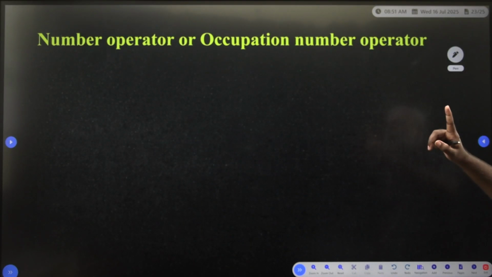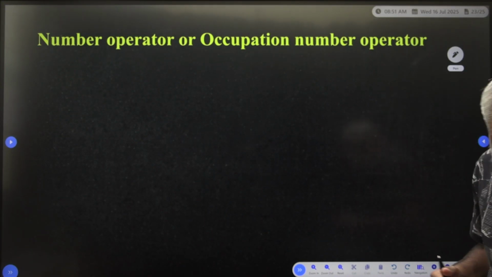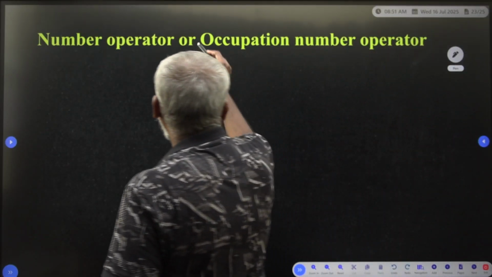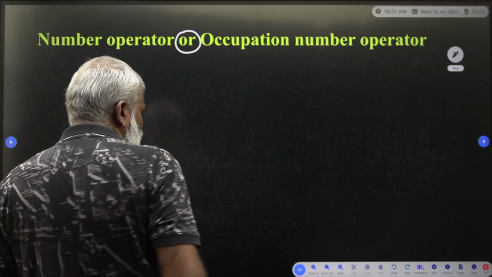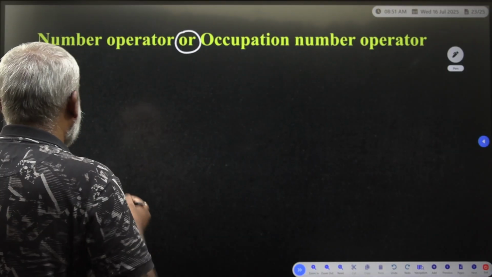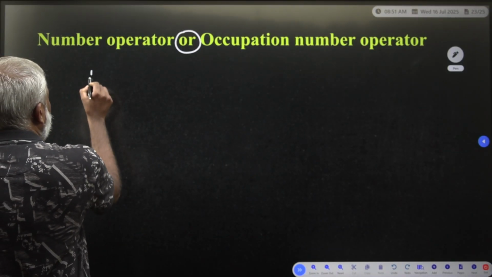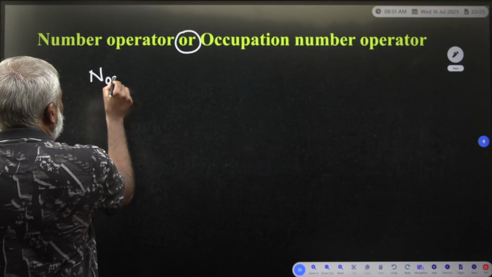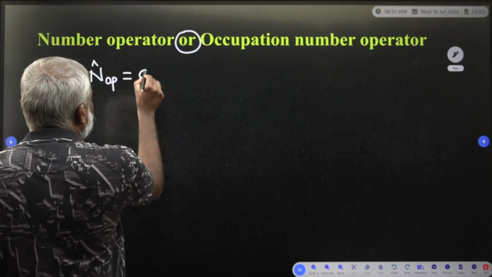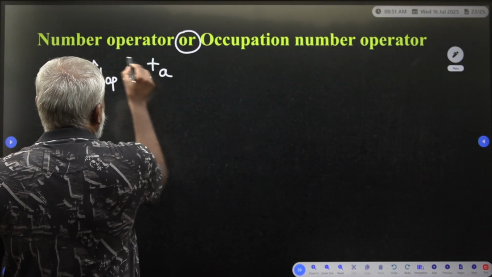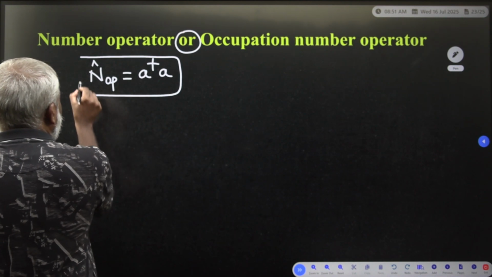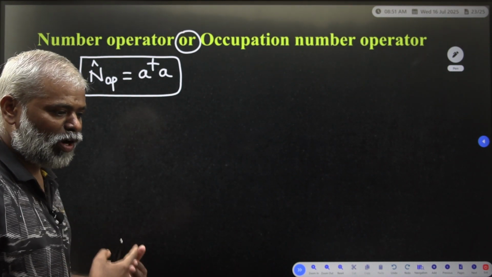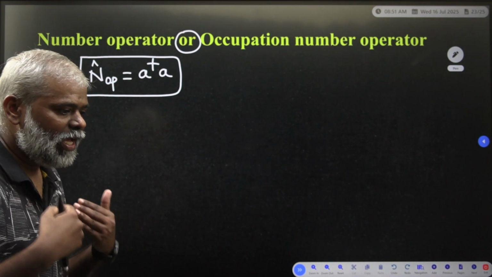One is the number operator, also called the occupation number operator. How do we define it? The number operator is defined as A dagger A. When A dagger A operates on any function, you get a number.